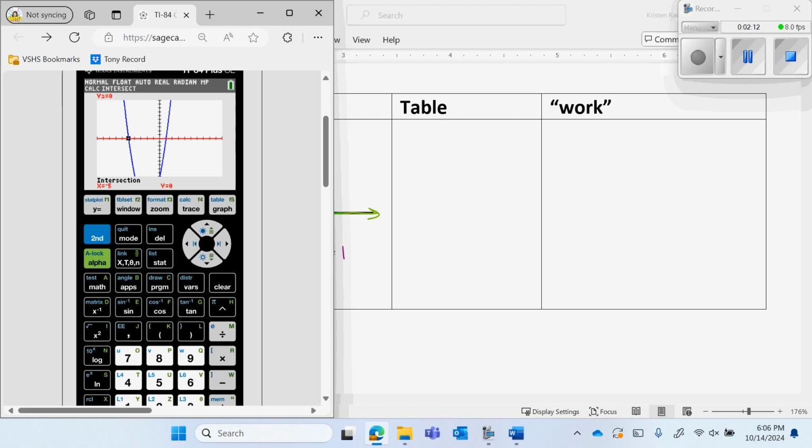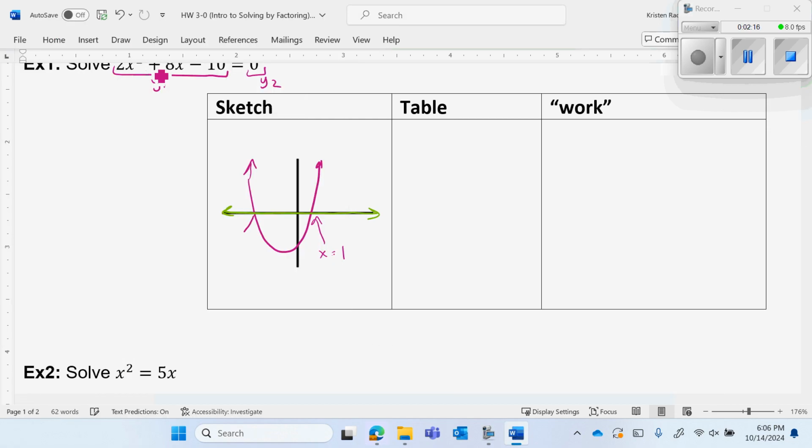This time it's going to tell us our other solution is -5. So we already know that the answer should be -5 and 1. We write our solutions either by boxing them in as x equals -5 and x equals 1, or we put them in brackets. Typically, when we put them in brackets, we put them in numerical order.